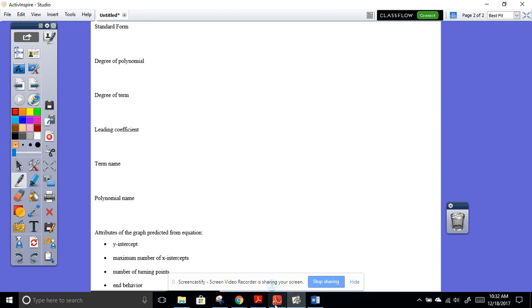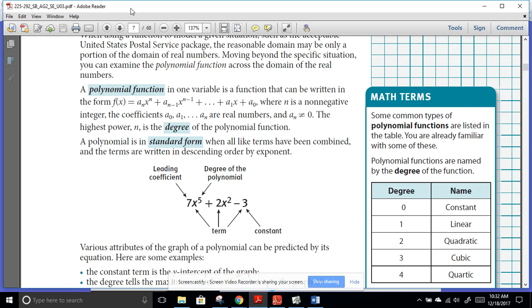Okay, so in the Springboard book, they start talking about the highest power n is the degree of the polynomial. And then they tell us that the polynomial is in standard form when all the like terms are combined and they're written in descending order by exponent. So they give us an example right here.